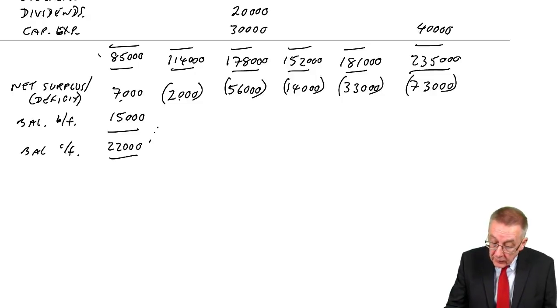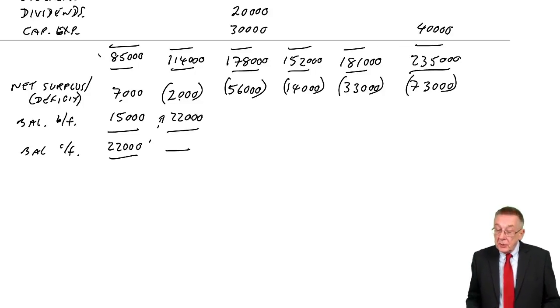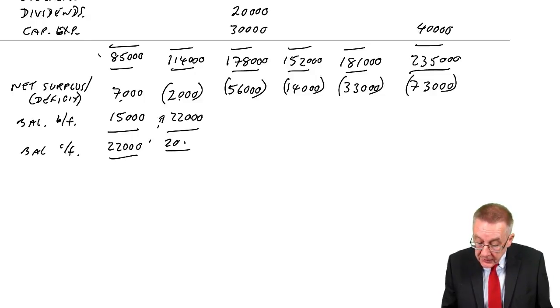Come to February, February starts with 22,000 now. There's a deficit of 2, so the closing balance is 20.